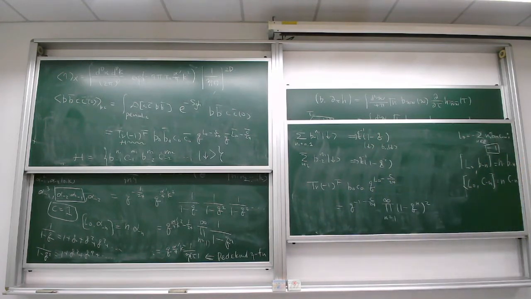Okay, that's how you get it. What's the central charge c for the ghost field? What is the central charge of the ghost field? 13, good.